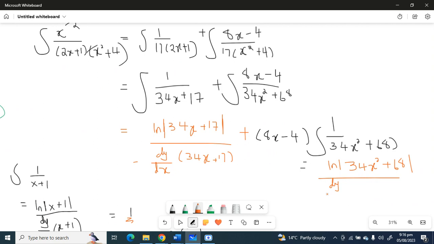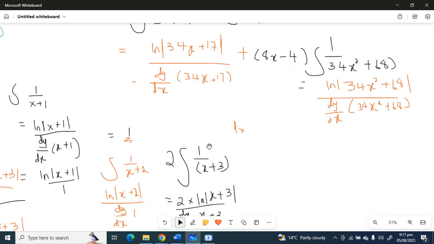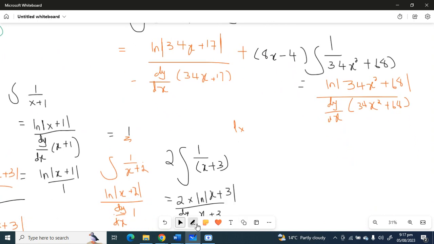So you have here dy over dx of 34x squared plus 68. Okay, that's all you need to do. You make sure 1 is on the numerator, then you just get the natural log of the denominator and you derive the denominator. So let's look at what we get here first.